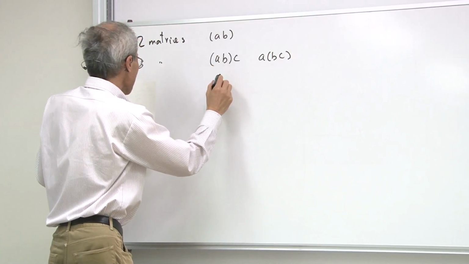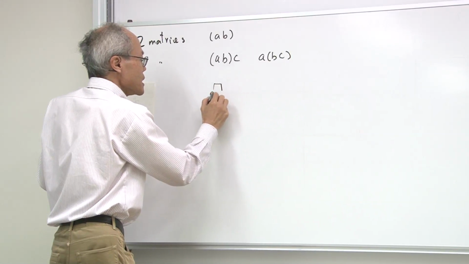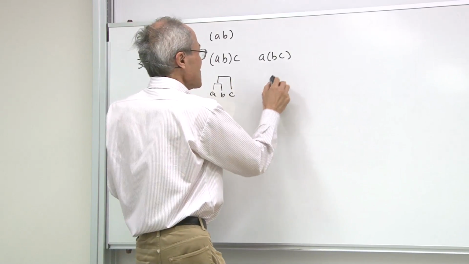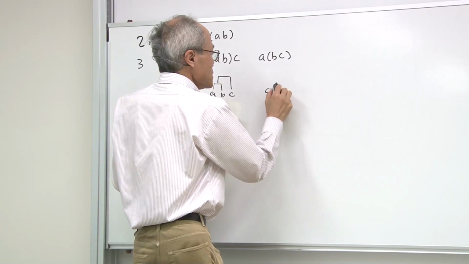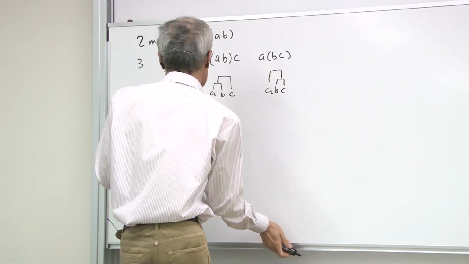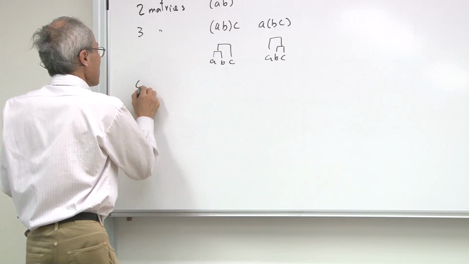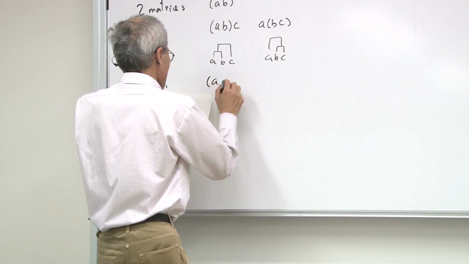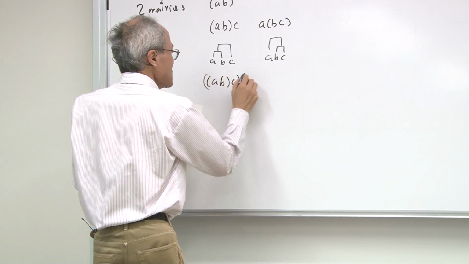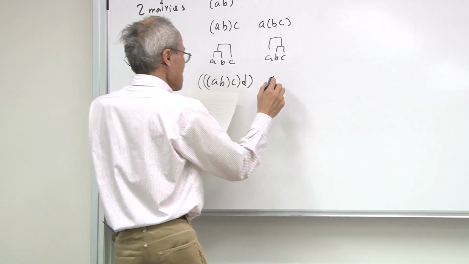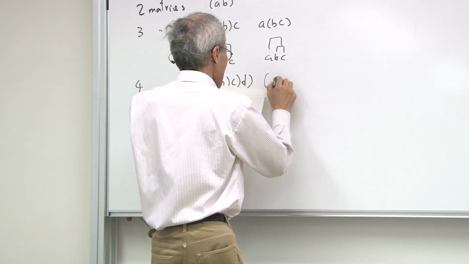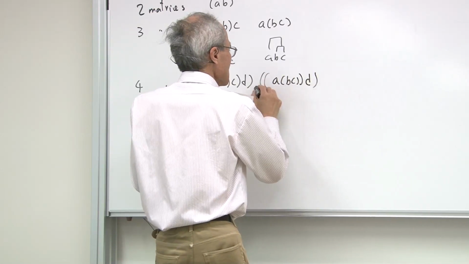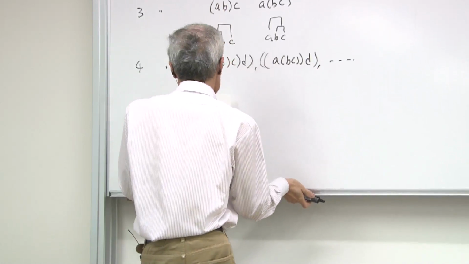And we denote this order something like this: (AB)C. And this one is A(BC), like this. And for four matrices, we have (AB)(CD), and so on and so forth.